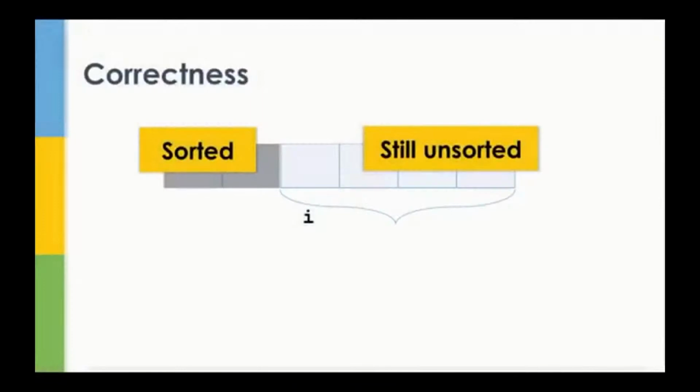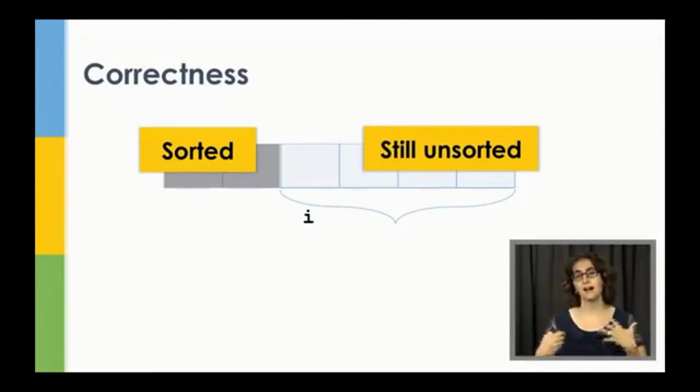And so let's think back to the high-level picture we have of selection sort and think about how that high-level picture can give us confidence that the algorithm works. So remember, what we're doing in selection sort is at each step through the for loop, we're looking at a new position in the array, and we're swapping into that position the element that's going to be there when the array is really truly sorted. And so what we have is some initial piece of the array that is sorted and that keeps growing each time.